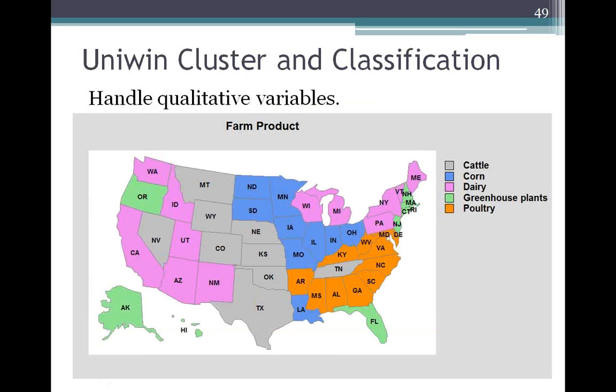Okay, and I picked 5 products: cattle, corn, dairy products, greenhouse plants, and poultry. And I classified each state as being primarily a cattle state, or a corn state, or a dairy state, or a greenhouse plant state, or a poultry state.